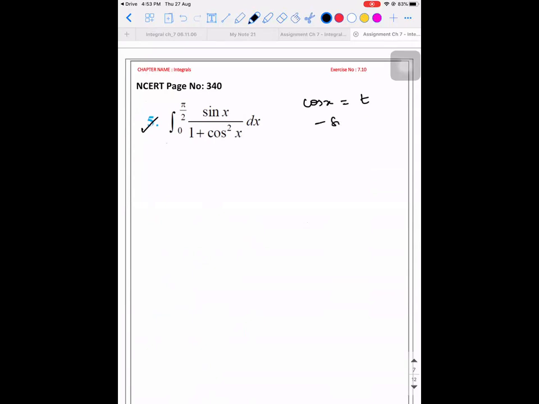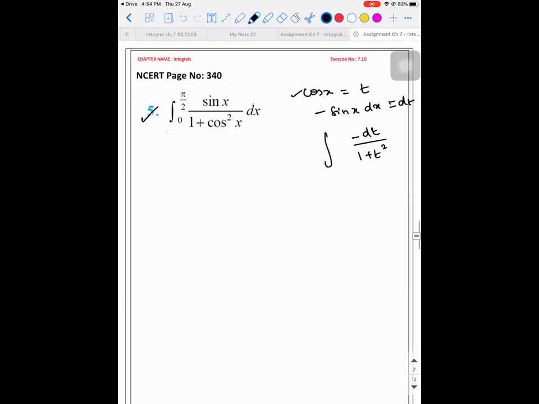If I take cos x as t, I'll get minus sin x dx as dt. So the whole integral will change as minus dt divided by 1 plus t square. This you can solve. That is tan inverse t and all those things you can proceed. So the hint is cos x is equal to t.